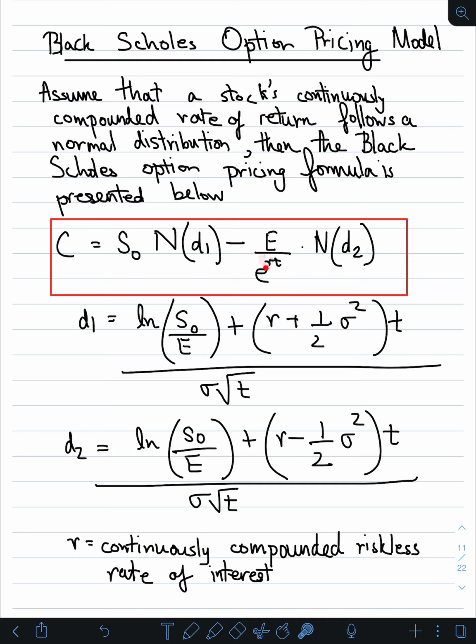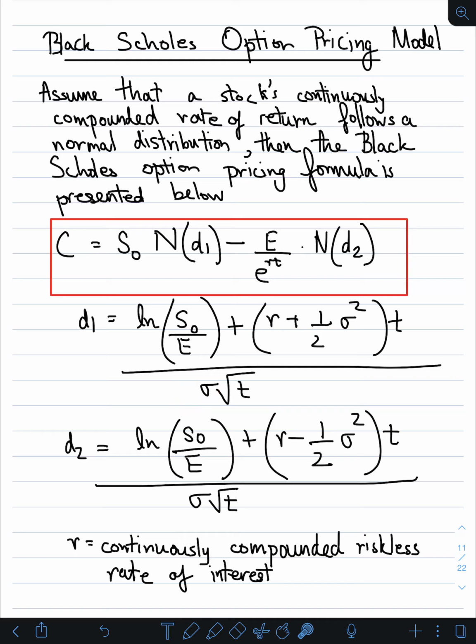And T is the time to expiration, but it has to be expressed as a fraction of the year. So if there are 6 months left until expiration, T would be 0.5, because 6 months over a year is 6 over 12, which is 0.5. Sigma is the standard deviation of the continuously compounded annual rate of return.